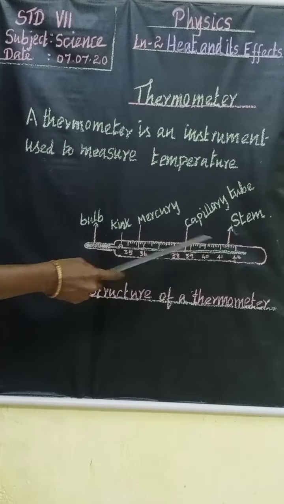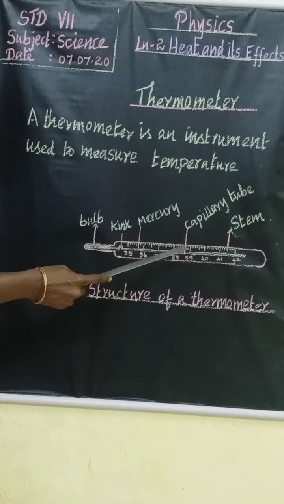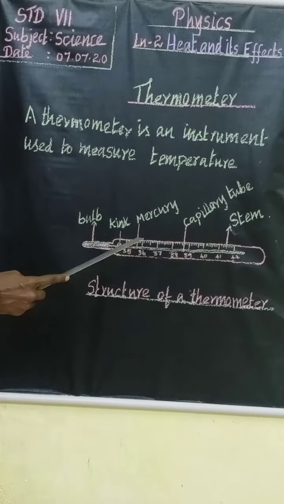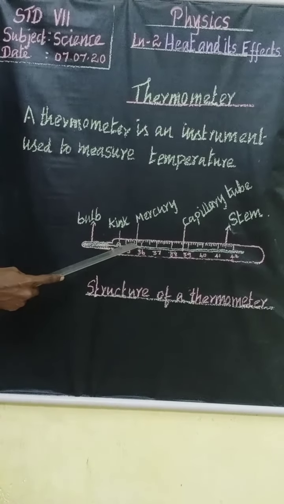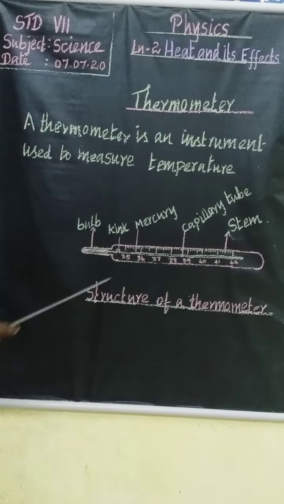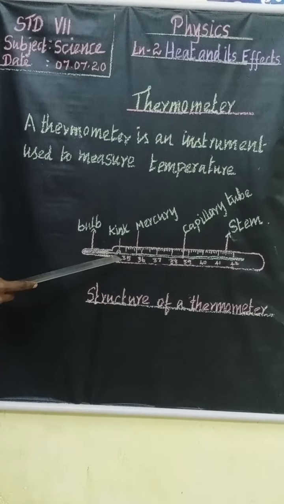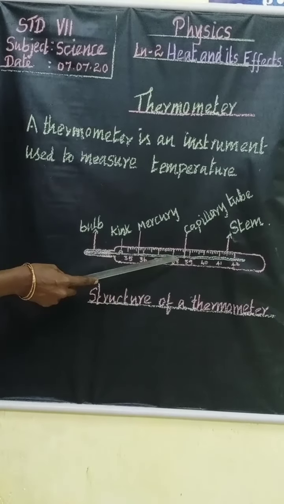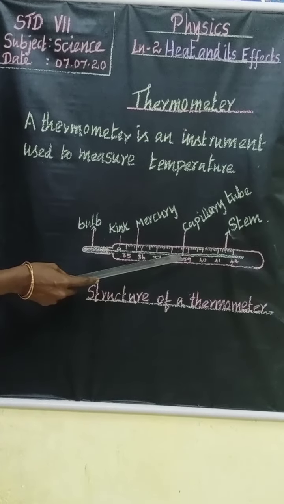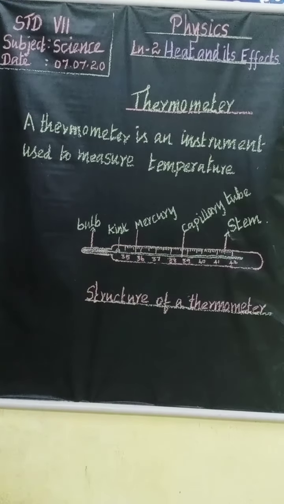Temperatures are marked on the stem in degrees. The stem has a very thin tube inside it. This is called a capillary tube.